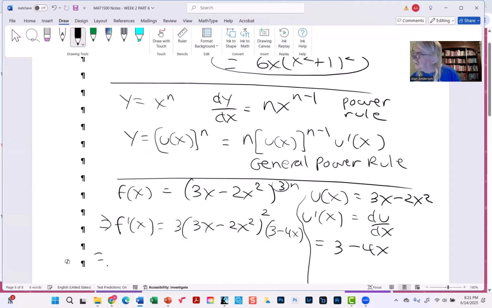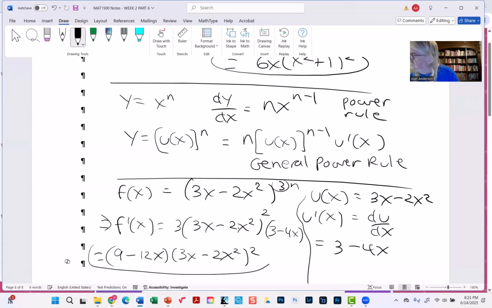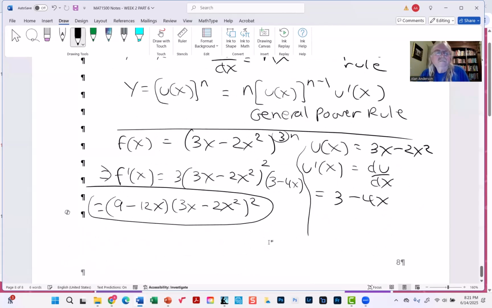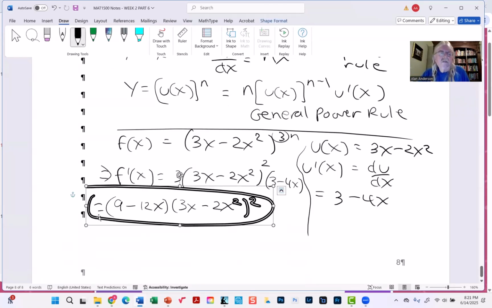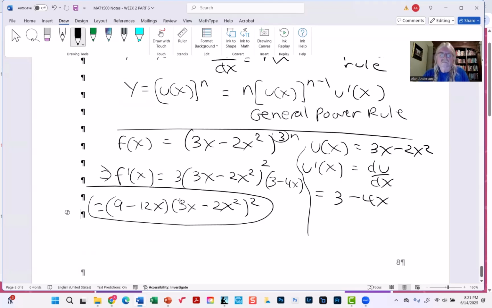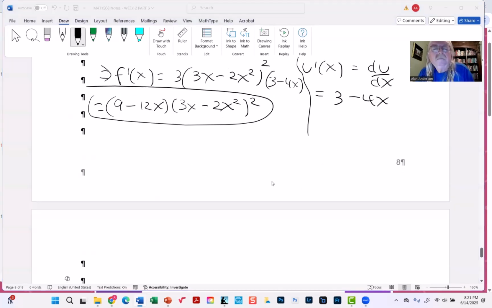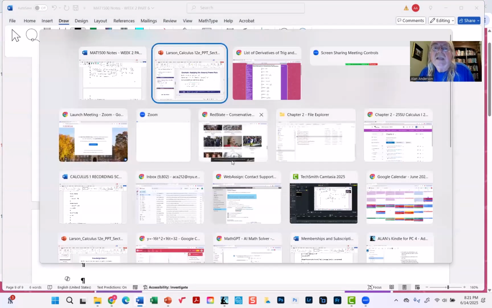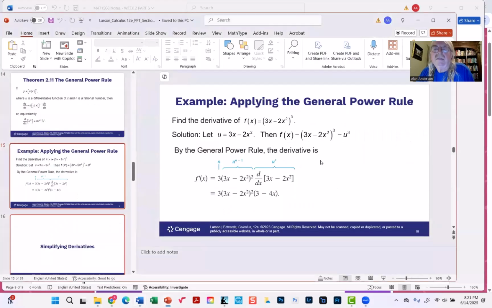So you can consolidate that into... I left out the square inside. Yeah, see, that one's going to take a lot of practice.